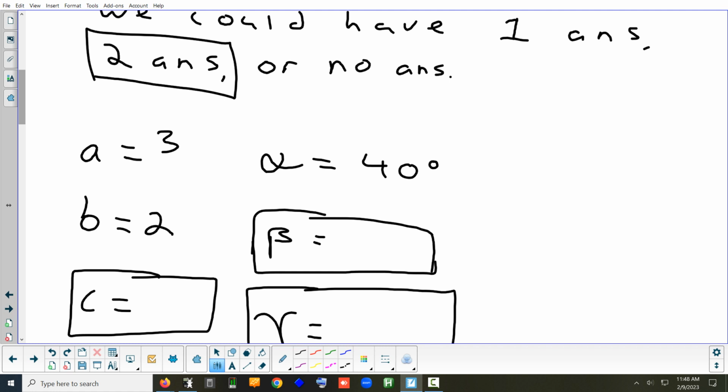Or we're going to realize that with the information they gave us, it's impossible to make a triangle, which means there's no answer for beta, gamma, or c. But they all kind of stay together. It's either all of them have no answer, all of them have one, or all of them have two. You don't have to worry about what's not in the box. That was given. A, B, and alpha are done. We're never going to look for anything with those. Just what's in the box.